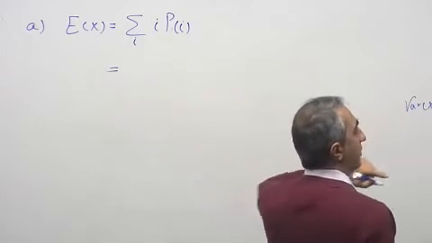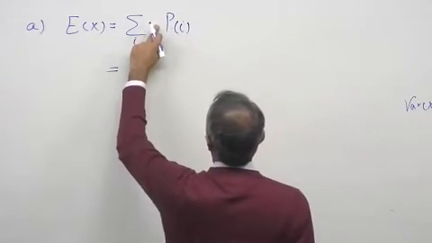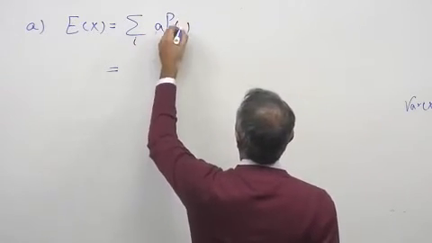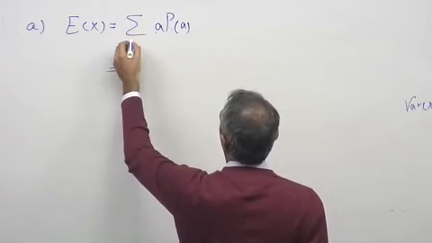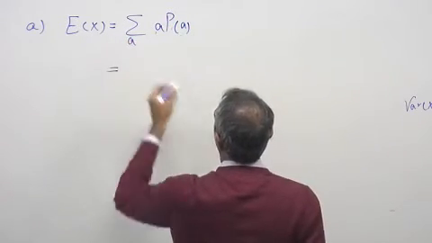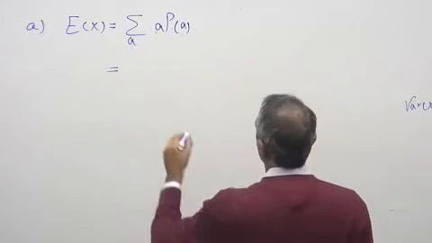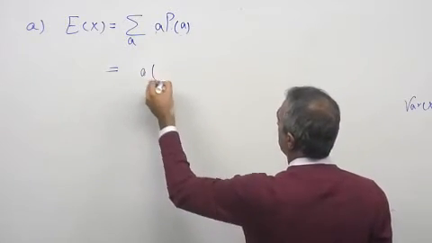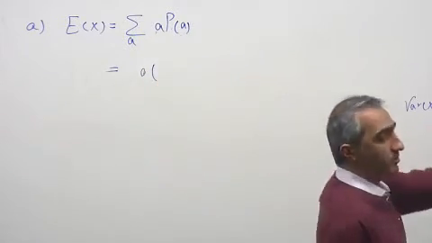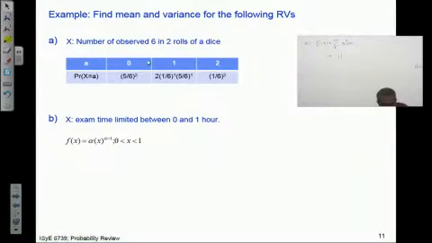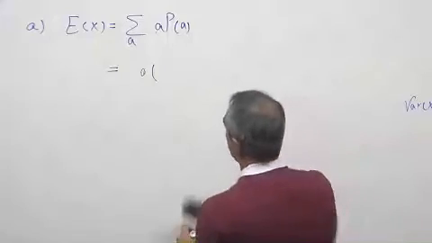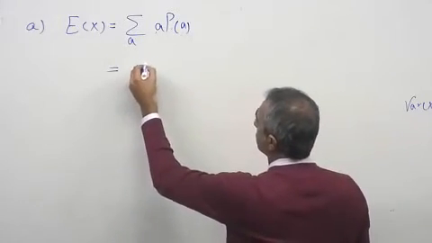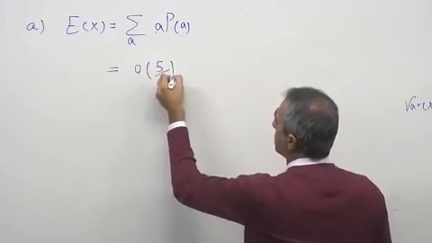So we have, or let me call it A to be consistent with what we have on the slides. So A equal to 0 times corresponding probability is what? Is 5 over 6 squared. So it's 0 times 5 over 6 squared.